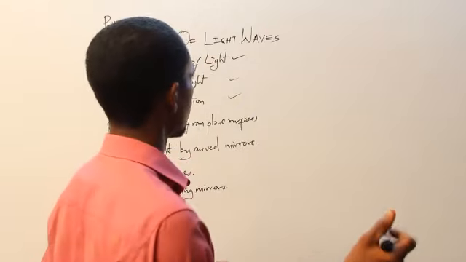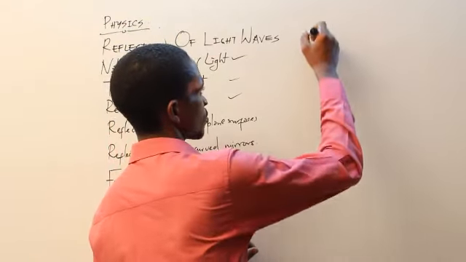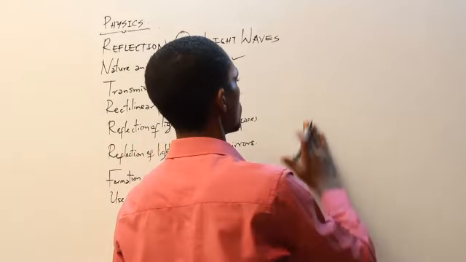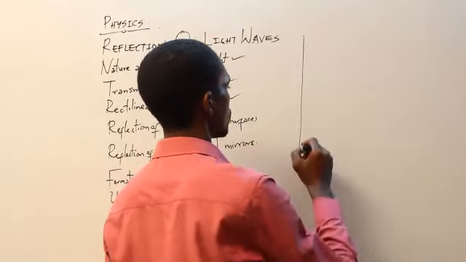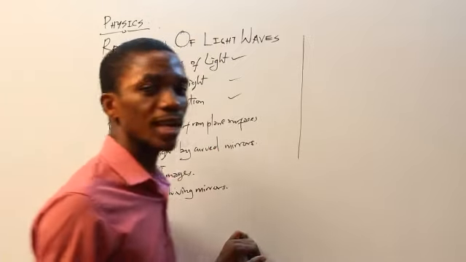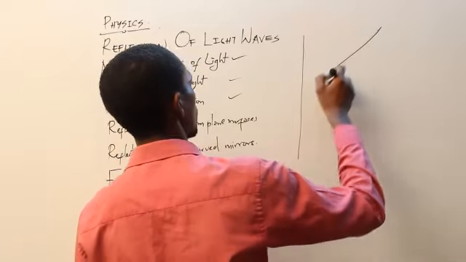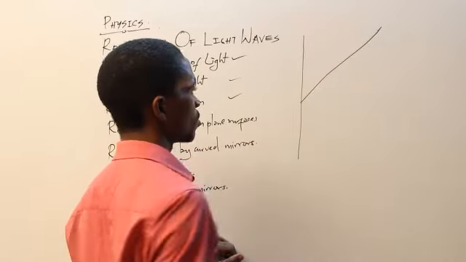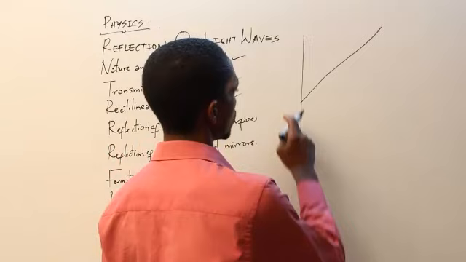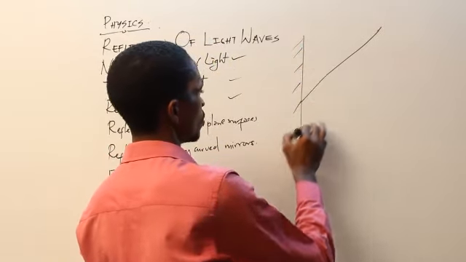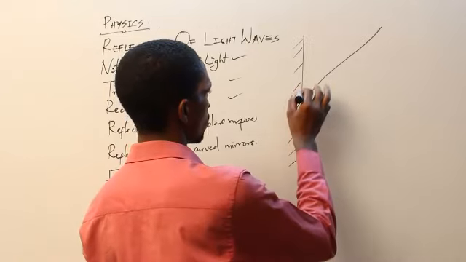Alright, on the mirror, let's take this as a smooth mirror. A particular light is being shone on the mirror. The light will be reflected by the mirror. This is the shaded part of the mirror, or the back of the mirror.